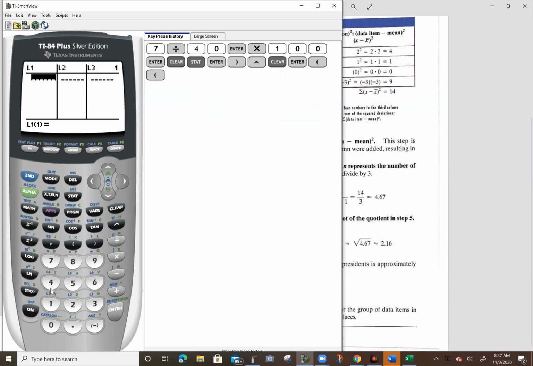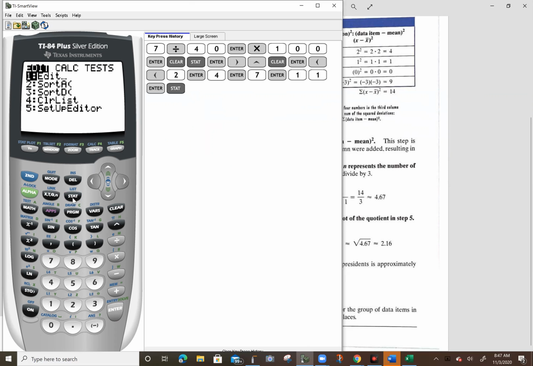It doesn't matter what order you put them in. So I'm just going to do them in order 2, 4. I'm hitting enter each time. 7 and 11. Then we're going to go back to the stat button. We're going to go over to calc and we're going to hit 1var stats. And we're hitting 1var stats because we only put numbers in one list.